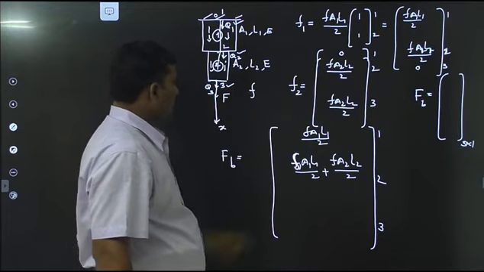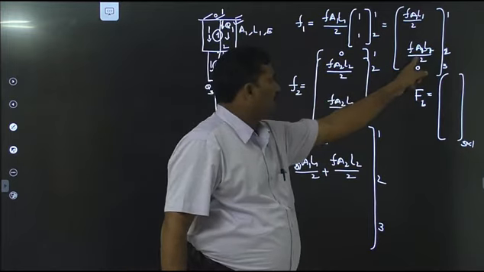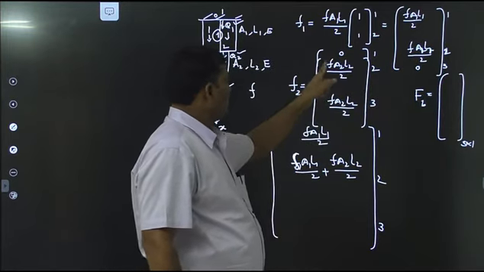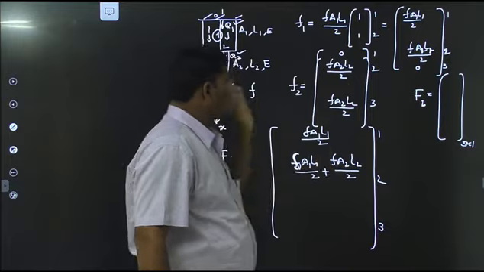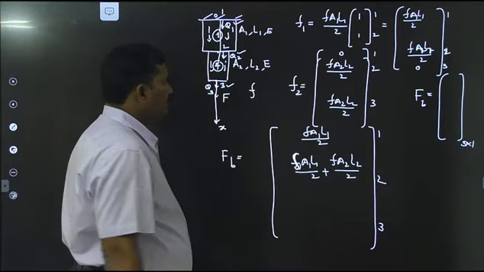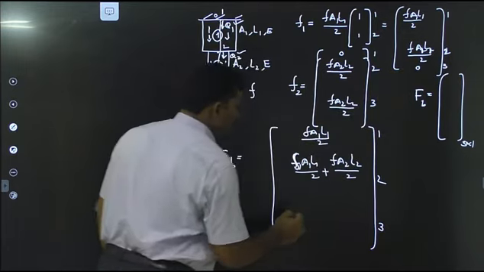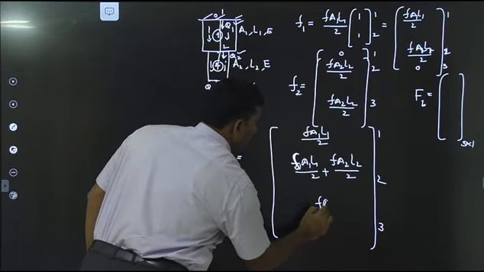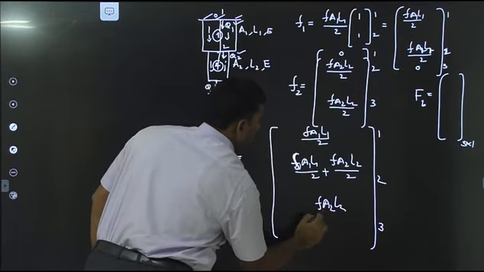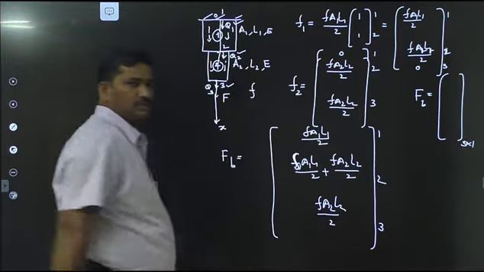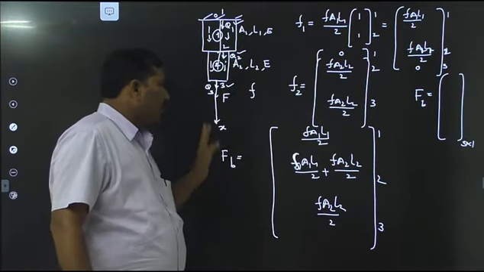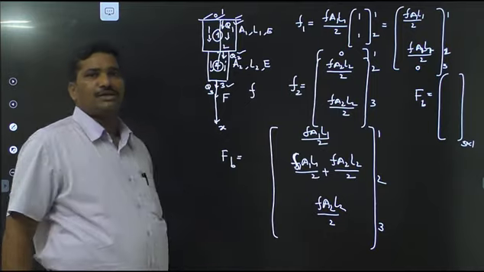Now, if you add F A1 L1 by 2 plus F A2 L2 by 2. Next, again. Now, if you add this to this, then what you get? F A2 L2 by 2. This is the global body force vector.